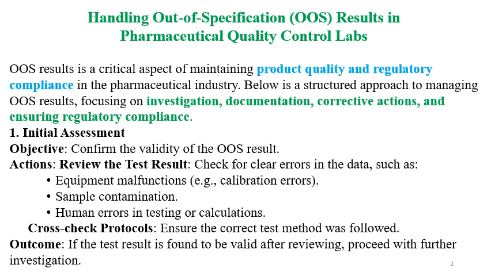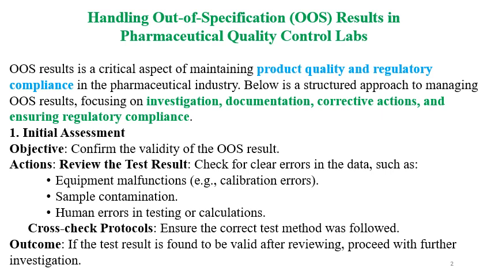Cross-checking of the protocols is required to ensure the correct method is followed. The outcome of this initial assessment is that if the test result is found to be valid after reviewing, proceed with further investigation. So first is checking and confirming the validity of the OOS result.